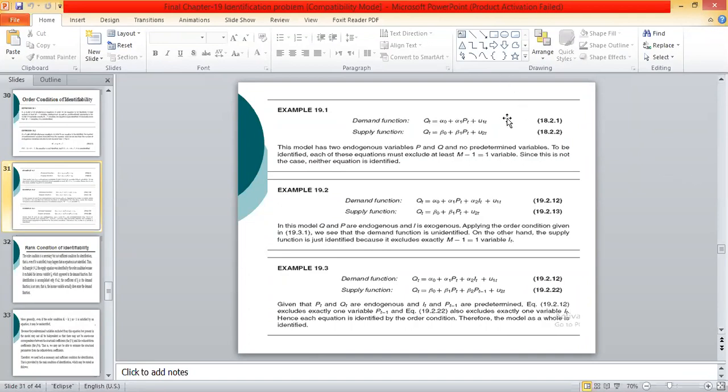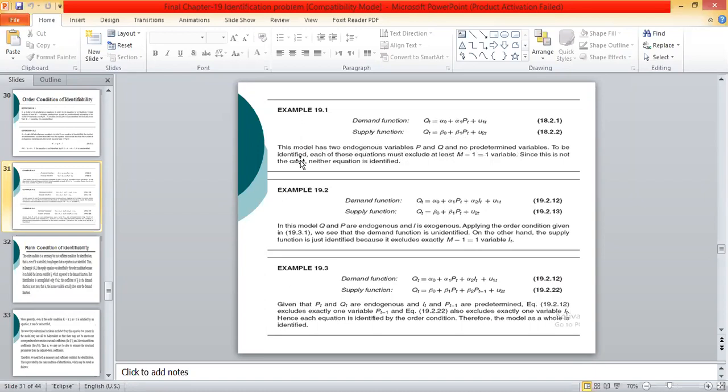The same story holds for the supply equation. There are only two variables in the total model, and both are in the equation of interest, the supply function. So the difference is 0 here. The model has two endogenous variables, P and Q, and no predetermined variable.